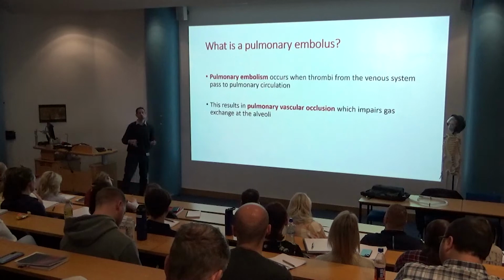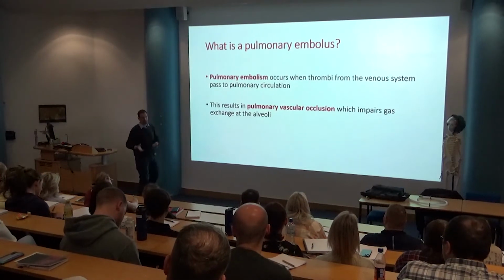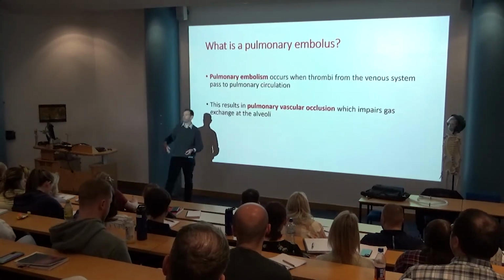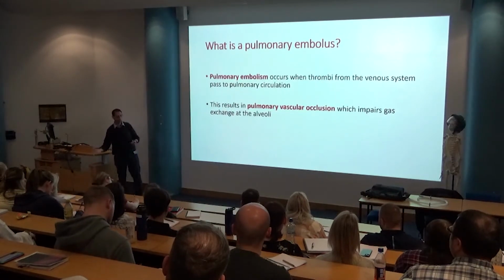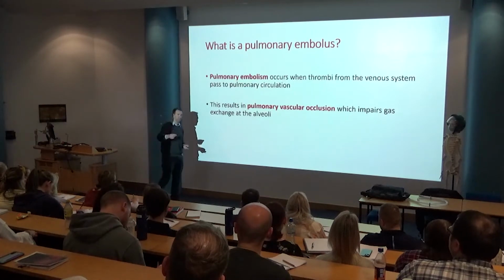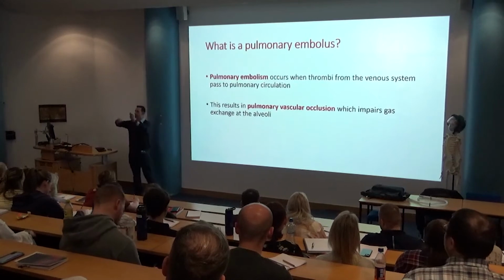Also, there could be all sorts of things. So when we talk about an embolism, an embolus is something that will cause an occlusion. It can indeed be a blood clot, but can also be fat, can be air, can be all sorts.